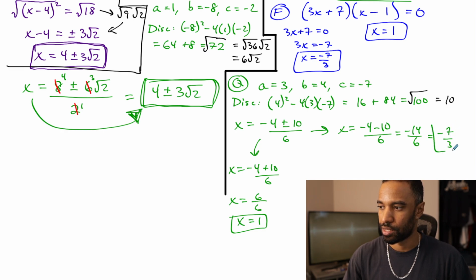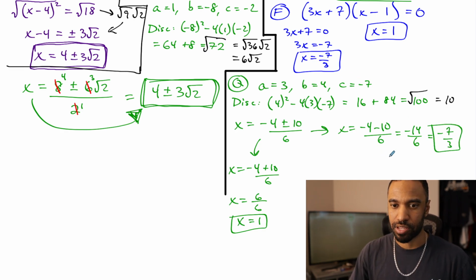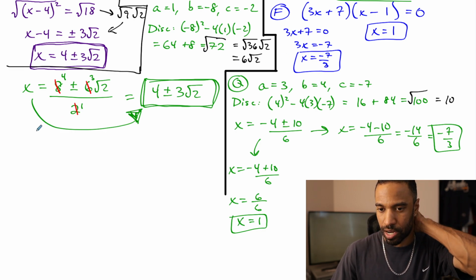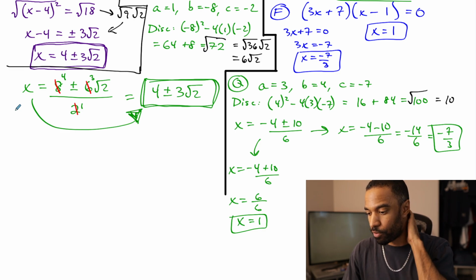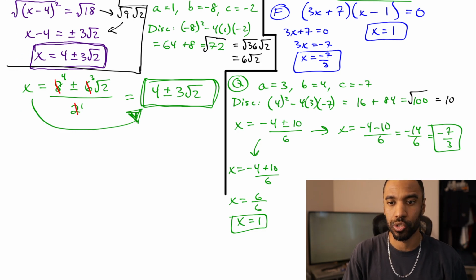And that's what I got, I think, over here. Yep. So -7/3 there. So those are the two answers, quadratic formula and factoring. If I couldn't factor it, I would have only done quadratic formula in that problem. No completing the square whatsoever.